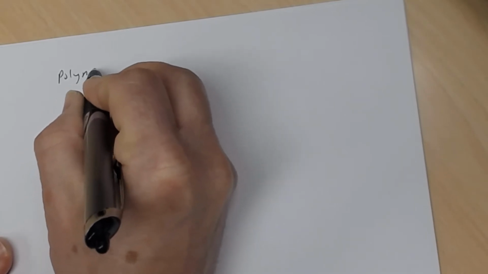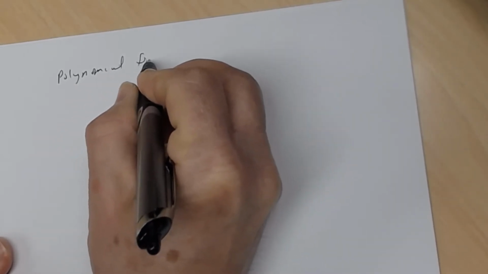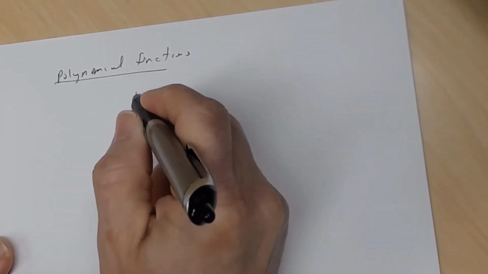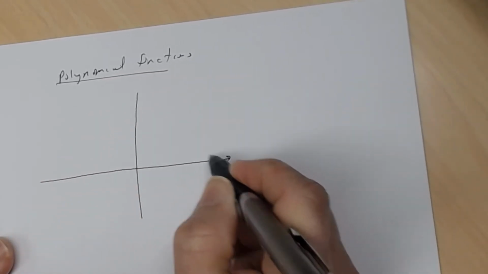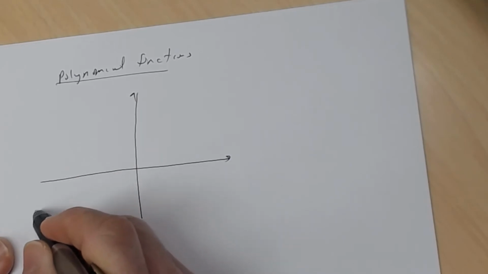Now, graphs of polynomial functions will look like this. This is your xy axis, and you may have something that looks like this.